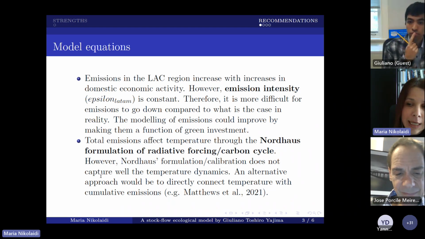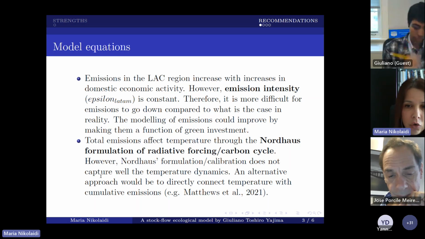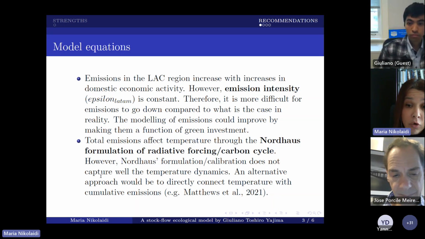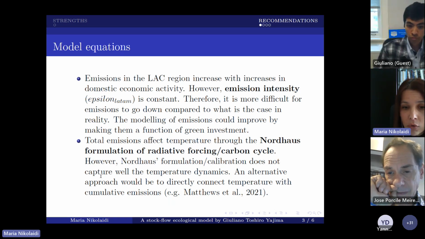But my understanding is that the emission intensity that you have included in the model is a constant, so it doesn't change. But I think that this is something that could be changed, because when we have some action from the firms or from the government, emission intensity could improve. So we could have less emissions based on that.